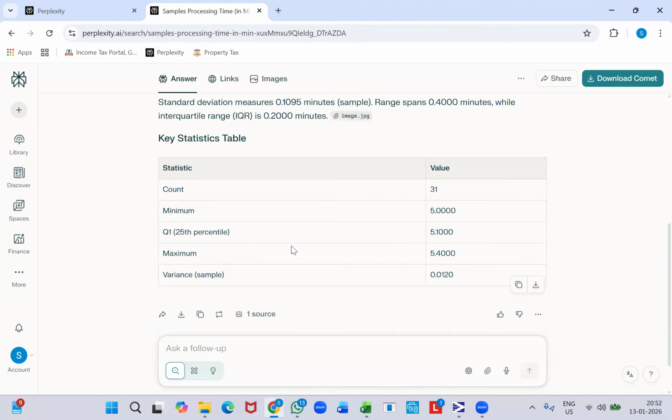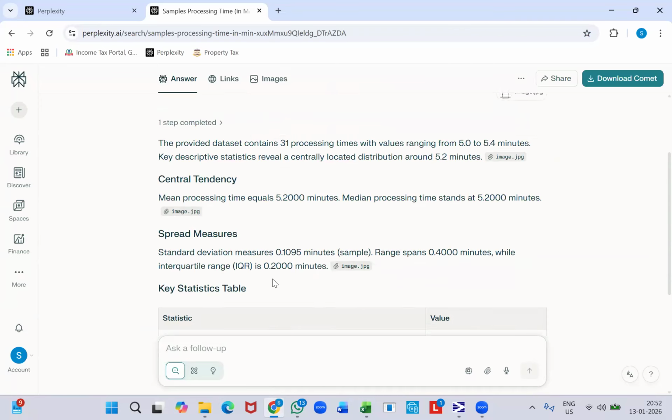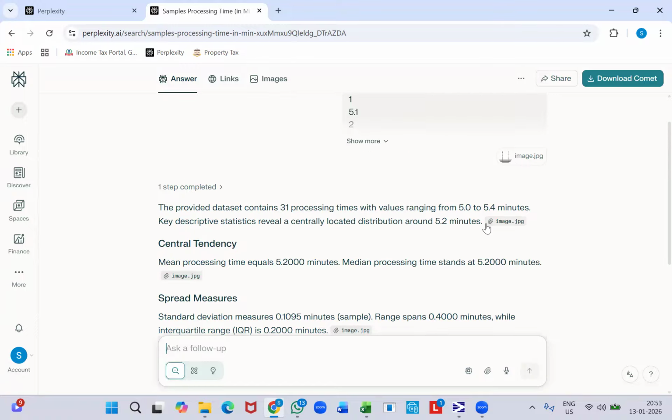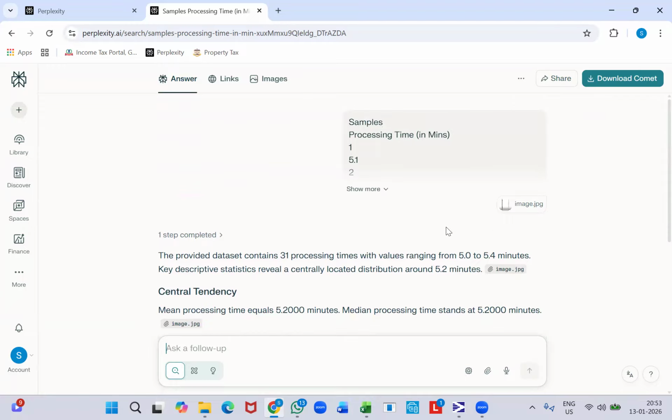It gives you the Q1 value, the minimum value, the maximum value, the variance, standard deviation, right? The range is 0.4, the interquartile range, IQR, is 0.2. The mean is 5.2, and the median is also 5.2.